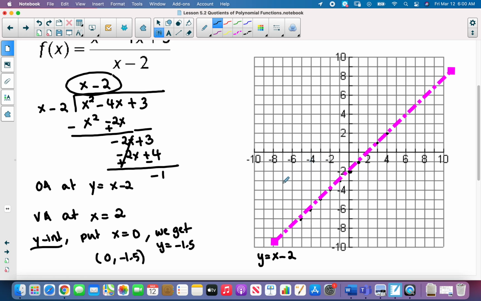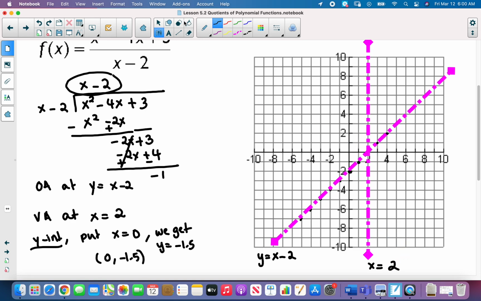And let's just put some of the points we got. 0 and negative 1.5. We also have a vertical asymptote. Let's just graph that also at x equals 2. So x equals 2 is our vertical asymptote. Let's graph that also. Write this equation beside it, x equals 2.